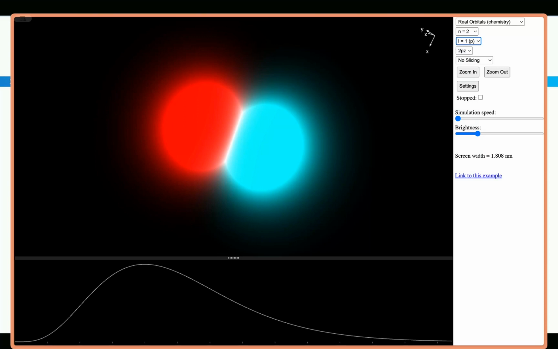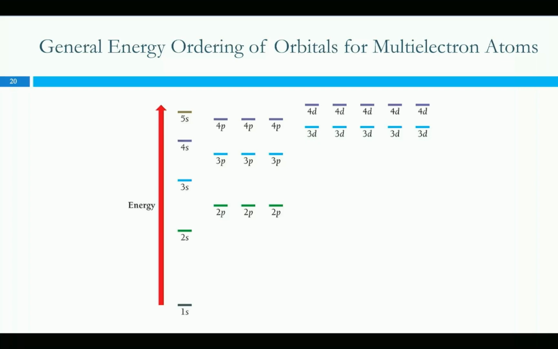So the p orbitals don't have any ability to get past that 1s orbital to increase the effective nuclear charge. So the answer to my question is that 2s has penetration while 2p doesn't. And so the 2s then has a lower energy because it's overall closer to the nucleus than the 2p.